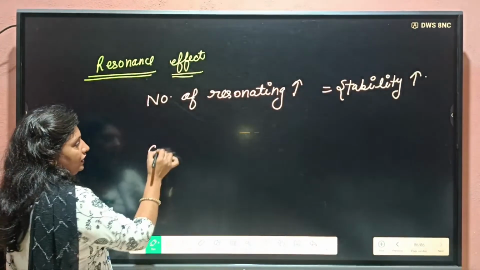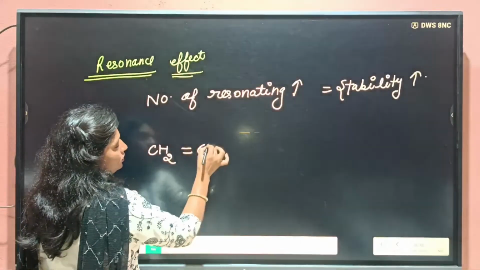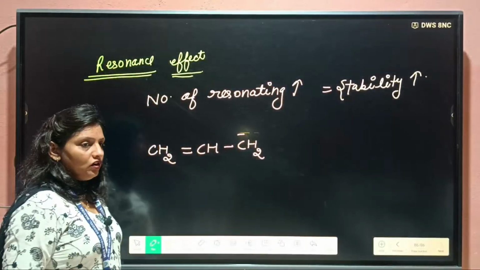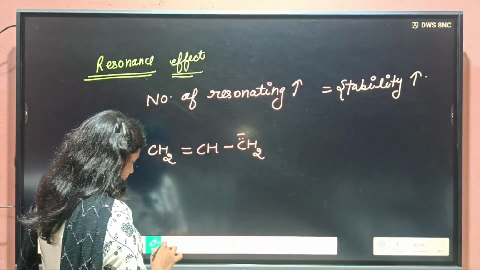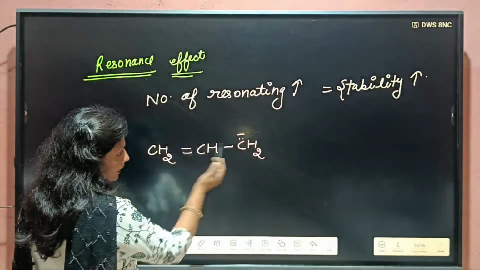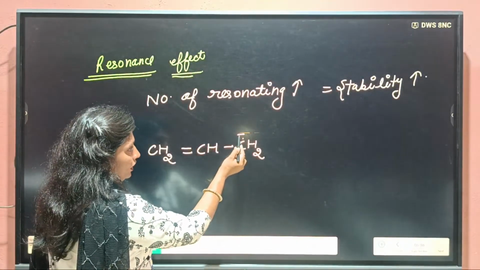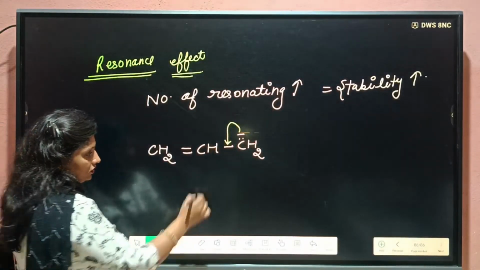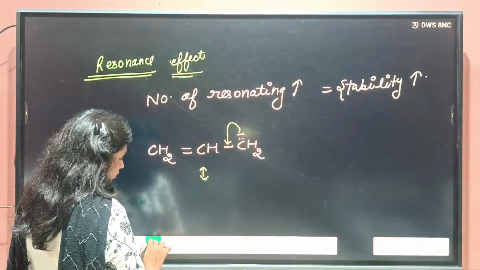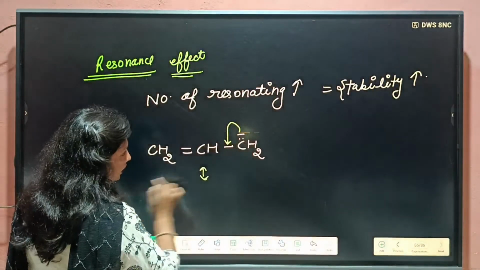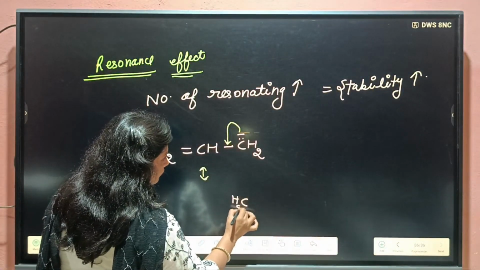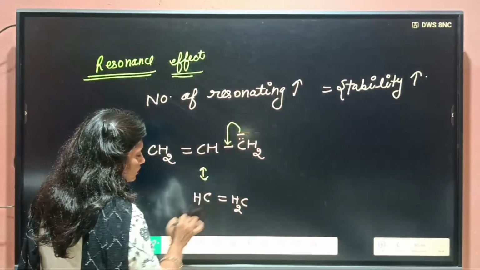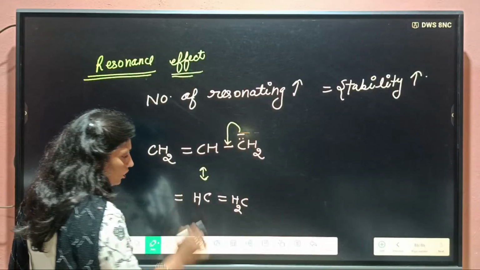Like if I write it this way, CH2 double bond CH, CH2 negative. Then what will happen? These electrons can be delocalized. This pair of electrons can make a bond here. Yes or not? Yes. If it makes a bond, try to understand what will happen. CH2 is forming a double bond, and CH also.